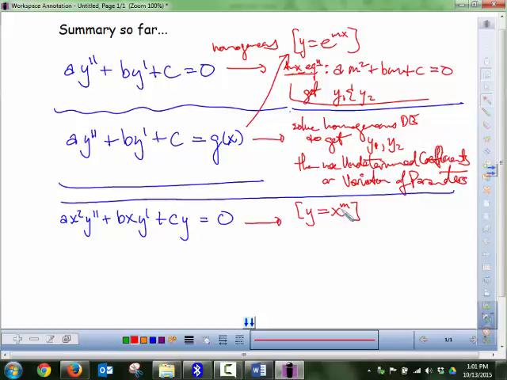Now, I'm afraid to think about this off the top of my head, but let me write something down, and I'm probably going to erase it because it's probably not correct. Auxiliary equation, who knows, it might be correct. a m squared plus (b minus a) times m plus c equal to 0.